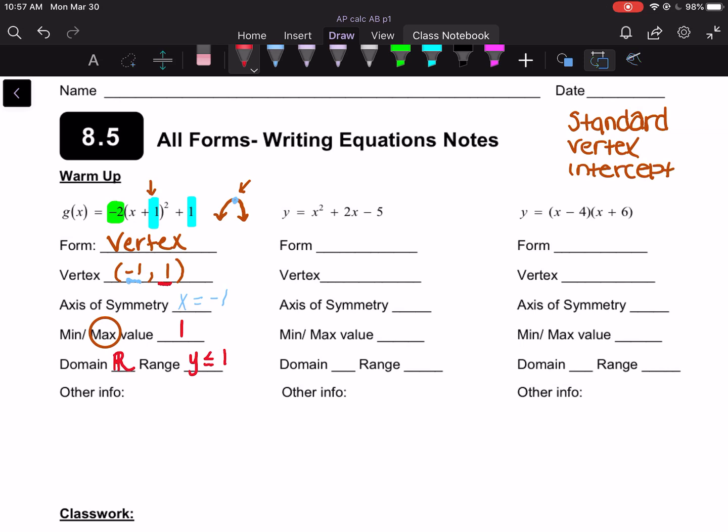Okay, just some other info. Usually when it's in vertex form, you can clearly see the transformations of the graph from the parent, x squared. So in this case, the vertex tells us it shifts to the left 1 unit. It shifts up 1 unit.